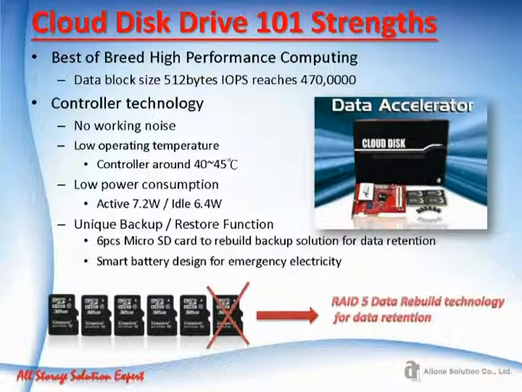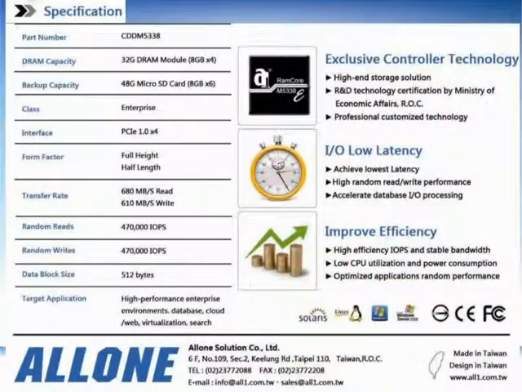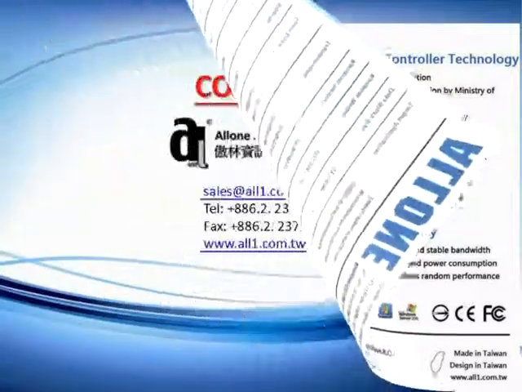With a capacity of 512 bytes, we could reach computing performance of almost 500,000 I/Os, plus an always power-on battery solution to keep the retention data restored. Our patented controller owns low I/O latency, low power consumption, and indeed enhances the great performance capabilities.